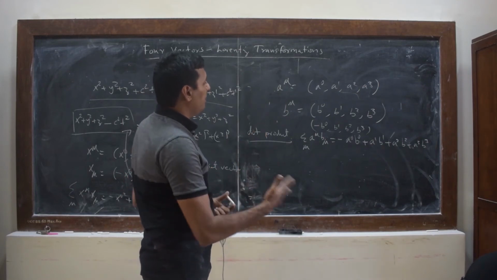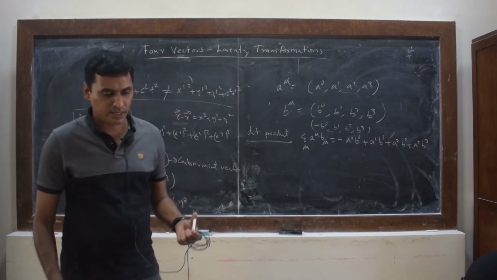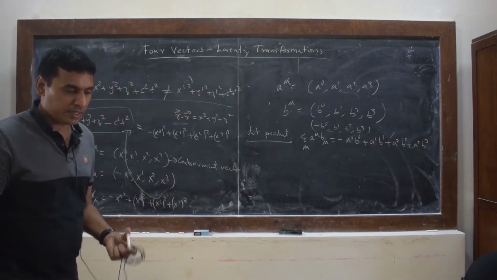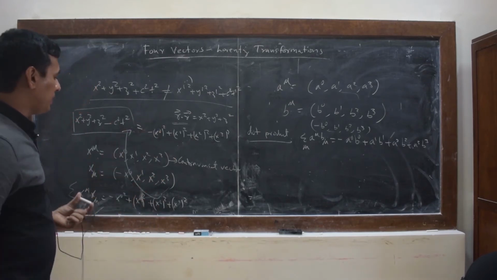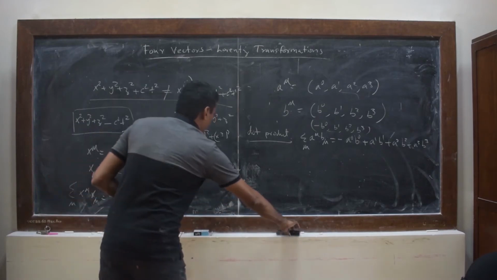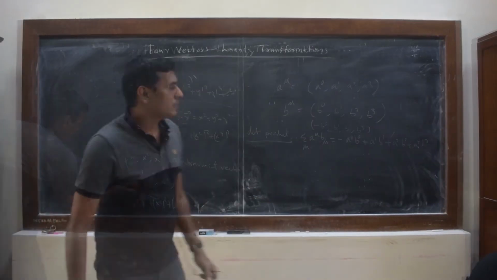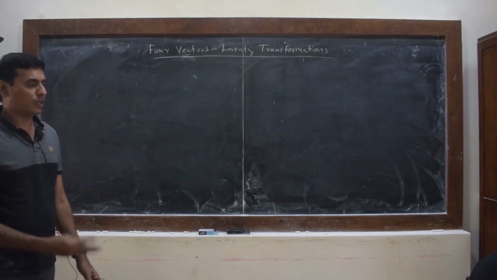Now, already in the case of Cartesian tensors, we introduced what is called the Einstein summation convention. Here it is almost similar, but I will redo the summation convention in the context of vectors. So now we will introduce the Einstein summation convention for the Lorentz vectors.